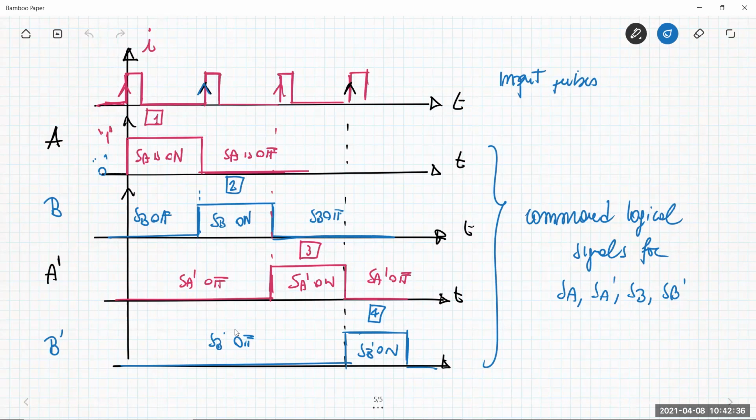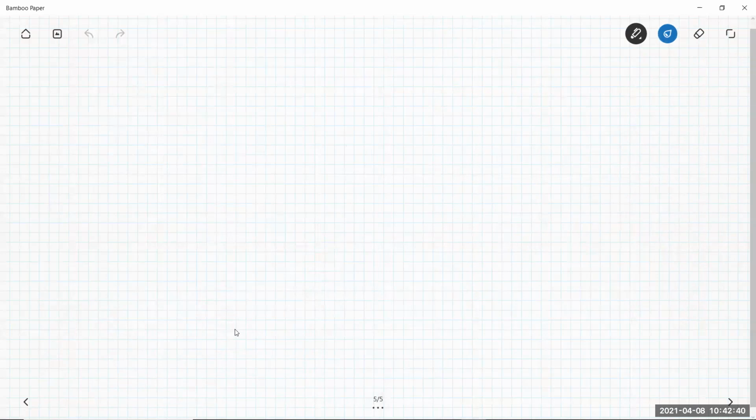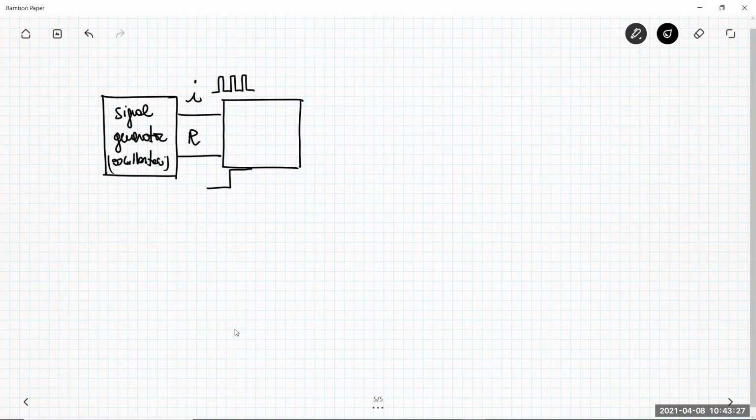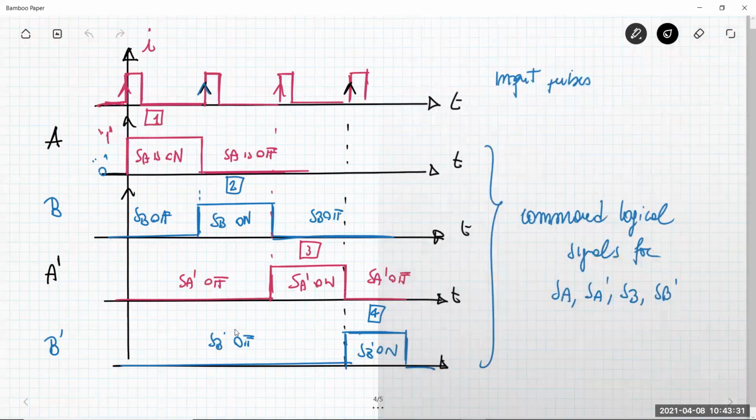So if you look at this operation, you can see that I need a signal I, which is the train of pulses here, and a logical signal R, clockwise or anti-clockwise, the direction, that are generated by a signal generator, oscillators, etc. But these pulses need to be modified in order to generate the sequence of command logical signals I showed you before.